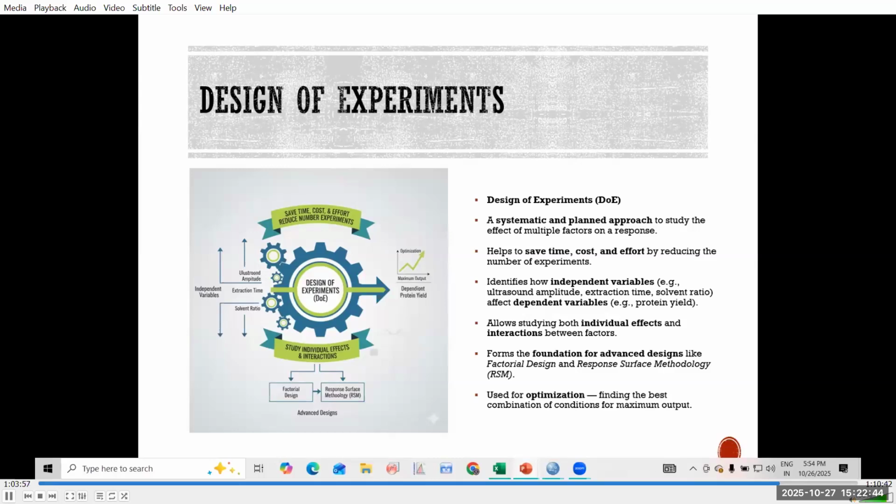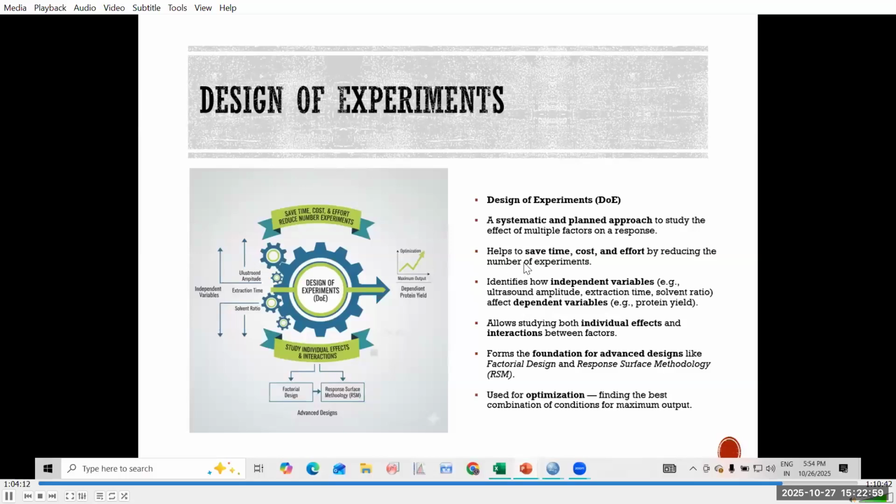Once we collect the data using this systematic plan, we can also use statistical tools to analyze how each factor influences the responses and whether any interaction exists between them.